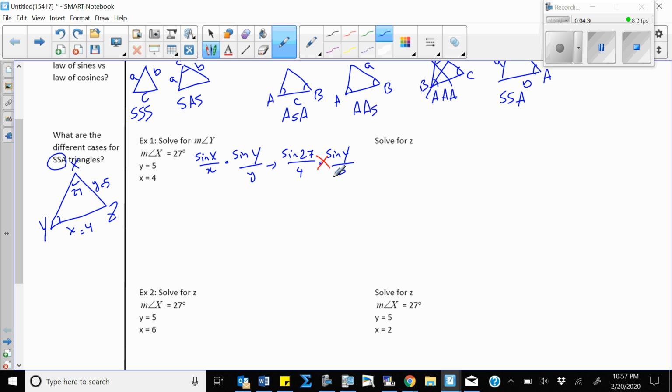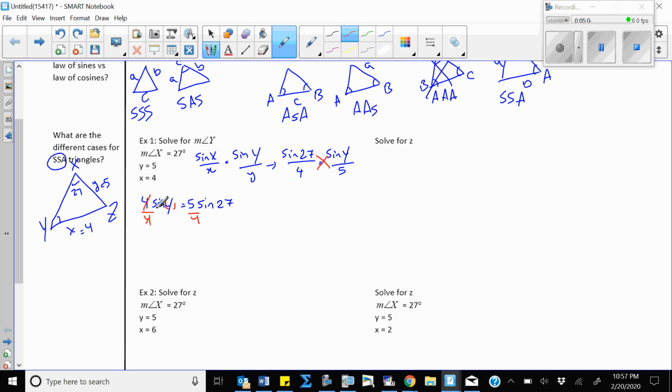So as I cross multiply, I'm going to have 4 sine of Y equal to 5 sine of 27. Then I divide both sides by 4. Notice that I'm dividing by 4, not by 4 sine, because at this point this sine and Y are basically stuck together.